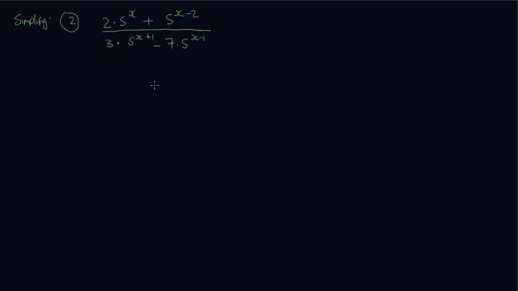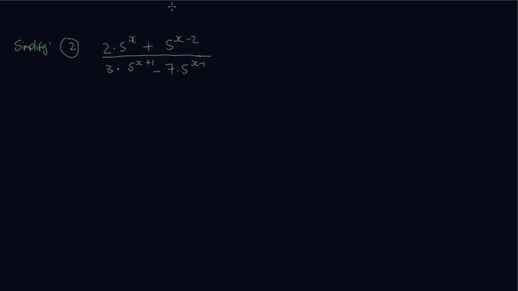Okay guys, here is our example where they say simplify this problem. There is something we notice in this problem: we have 2 terms on top and 1 term at the bottom. When we have terms, we know we must factorize.